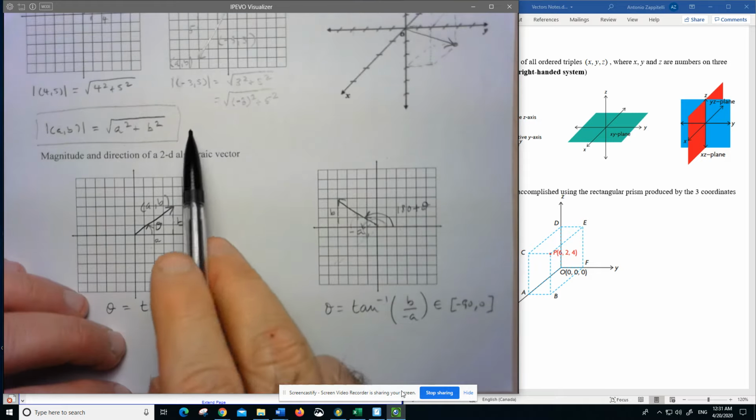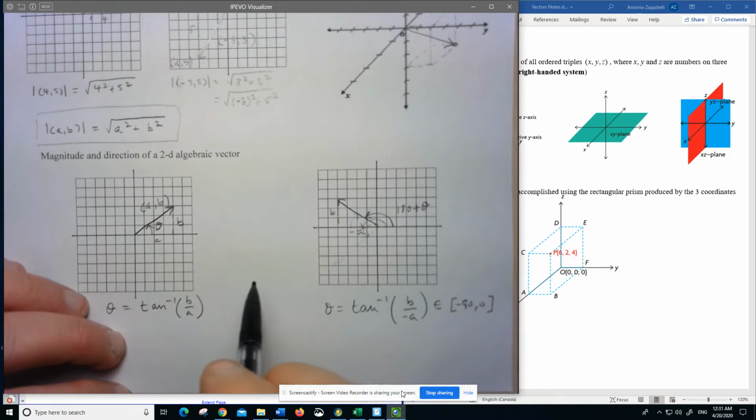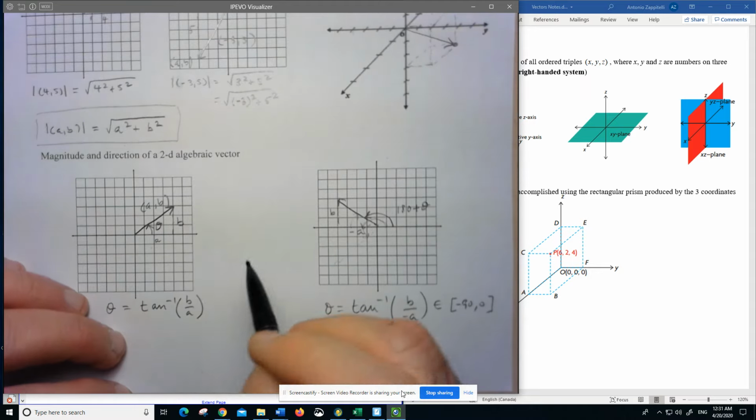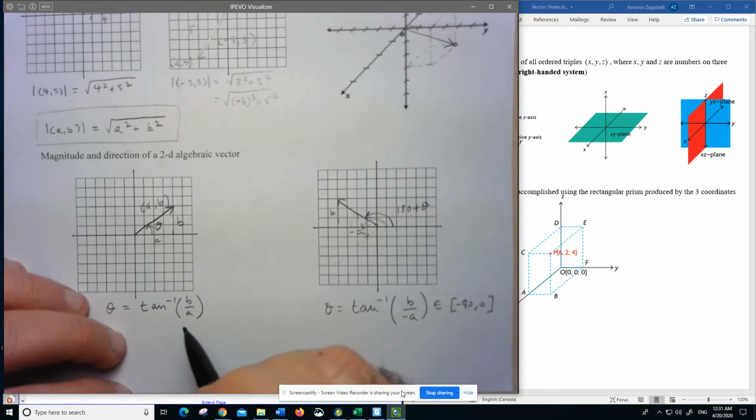And hopefully, it's also going to be much easier than what we had to do before. Remember what we had to do just to add two vectors. You had to set up a triangle, you had to use cosine law to find the length, and use cosine law again to try to find a direction, okay? Hopefully, we're going to get to something which is much easier, okay?